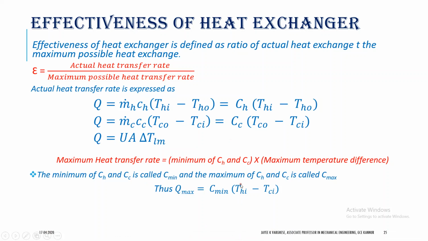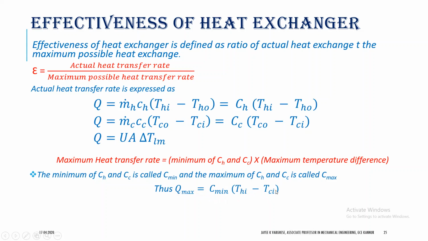Now, knowing a relation like Q by Q max is equal to epsilon, that is, actual heat transfer divided by maximum possible heat transfer is equal to epsilon. If we can somehow calculate epsilon even without knowing all the four temperatures, the actual heat transfer can be written as epsilon into the maximum possible heat transfer rate. And the maximum possible heat transfer rate is always given by the minimum heat capacity rate into Thi minus Tci.